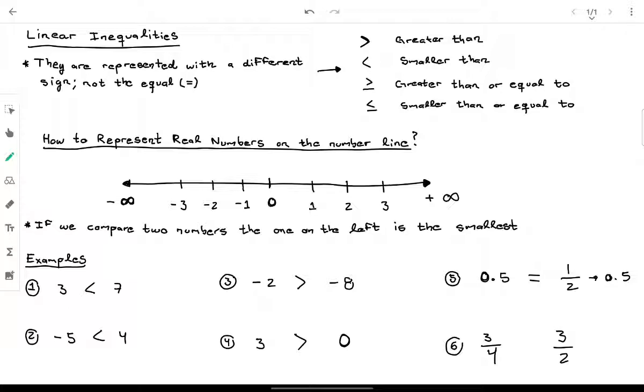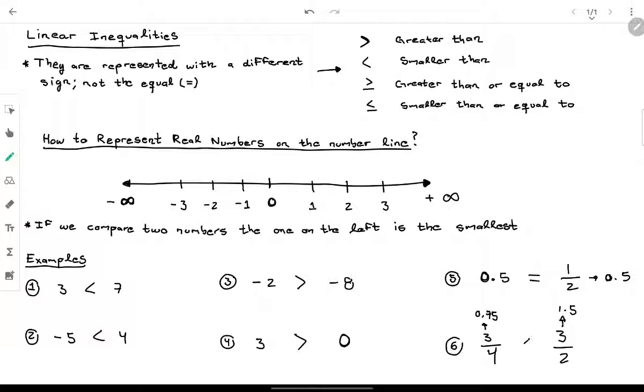What about the next exercise? We have 3/4 and 3/2. If we divide this one, it's going to be 0.75, and this one, of course, is going to be 1.5. 1.5 is going to be here, and 0.75 is going to be here. That means this one is smaller than this one.